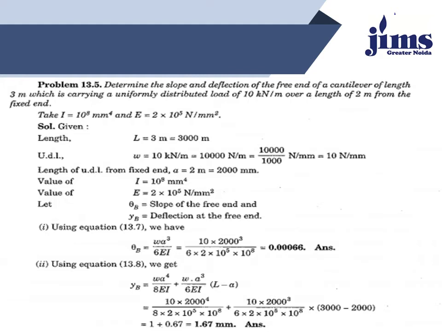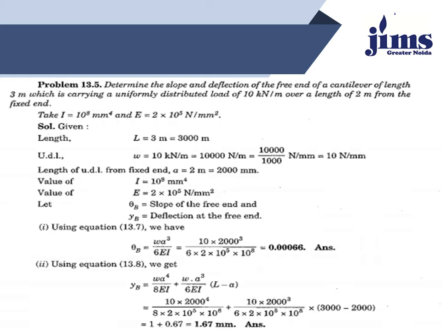Determine the slope and the deflection at the free end of a cantilever of length 3 meters, which carries a uniformly distributed load of 10 kilonewton per meter over a length of 2 meters from the fixed end. The moment of inertia is 10 to the power 8 millimeter to the fourth, and the Young's modulus E is equal to 2 multiplied by 10 to the power 5 newton per millimeter squared.